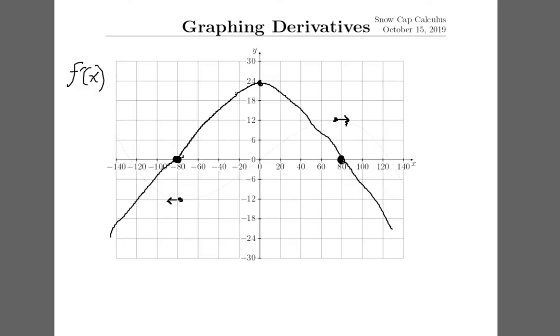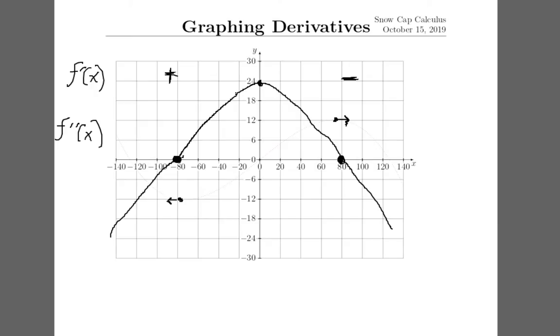If we wanted to go further, we could actually calculate the derivative of this as well. So we would say anything on the left side of the y-axis is positive, so it's increasing. Everything on the right-hand side of the y-axis is negative, so it's decreasing. So we know that our graph of f double prime of x is going to be positive whenever x is less than 0, and it's going to be negative whenever x is greater than 0.